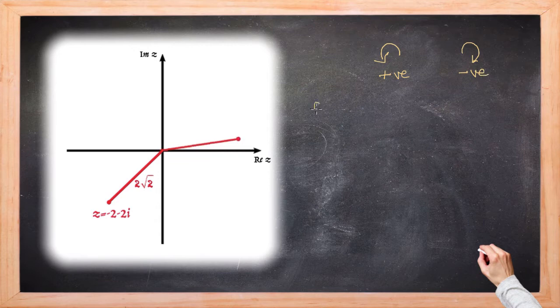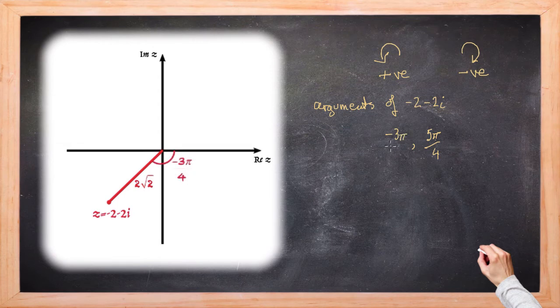So suppose we go in an anti-clockwise direction. In this case we get an argument of 5 pi upon 4. We could also rotate in a negative direction, in a clockwise direction, to get an argument of negative 3 pi upon 4.